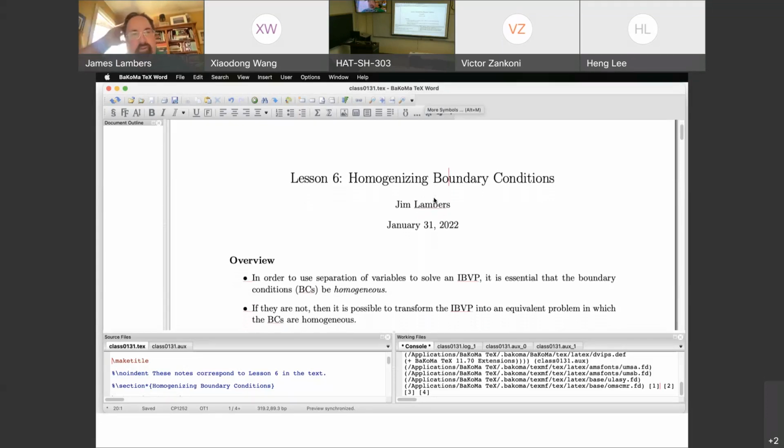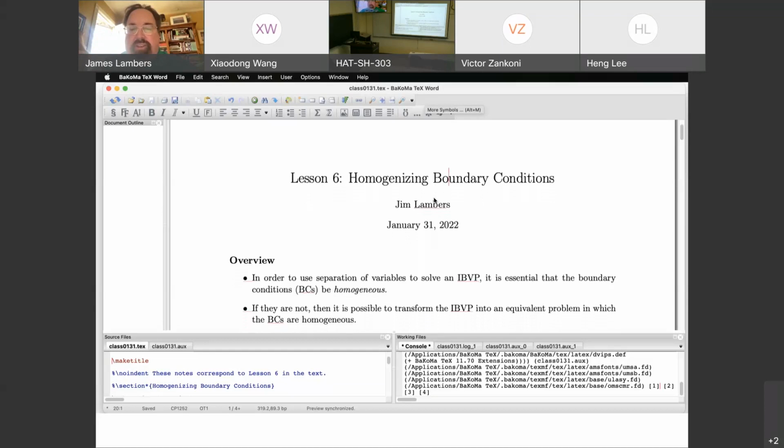Last time I introduced separation of variables. That's useful for solving certain linear PDEs that have certain properties. For instance, the PDE itself must be homogeneous.